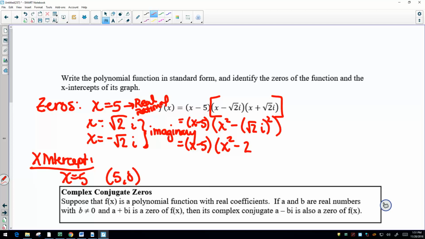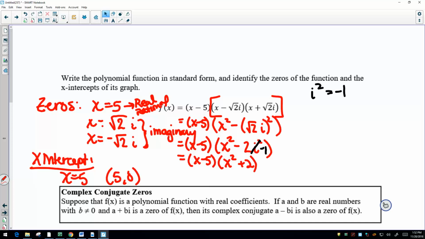I squared is just i squared, but we want to keep in mind i squared is equal to negative 1. So right now, if I were to simplify that, that's a negative 1. So this factor turns out to be x squared. If I have a negative 2 times a negative 1, that gets me positive 2.